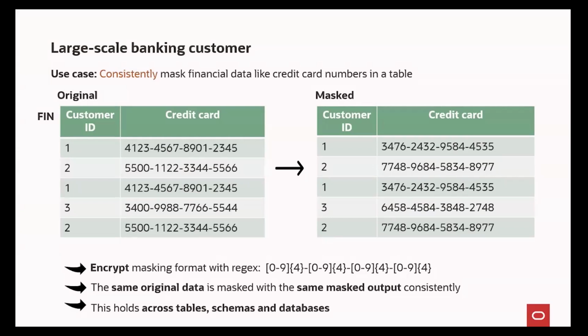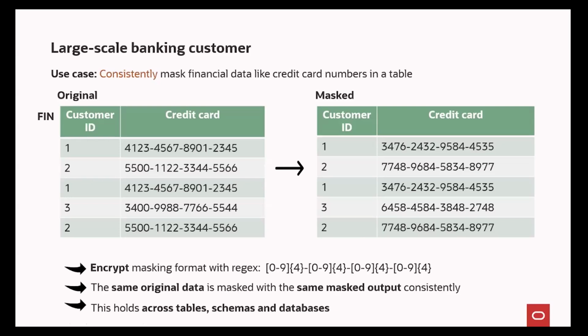In the table, you can see we have a customer ID and a credit card column, and some of the customer IDs are repeating in the same table. The expectation is that even after masking, those repeating values should be masked with the same output. For example, if we have customer ID 1, then both these rows should also have the same duplicate values. So for the same input, you should be getting the same output.